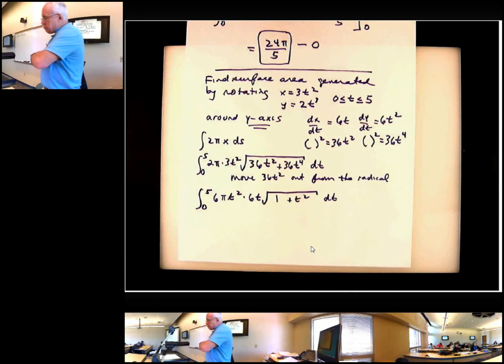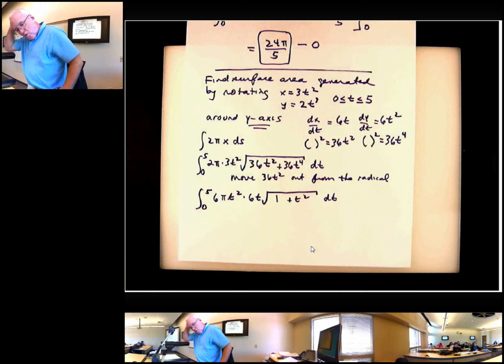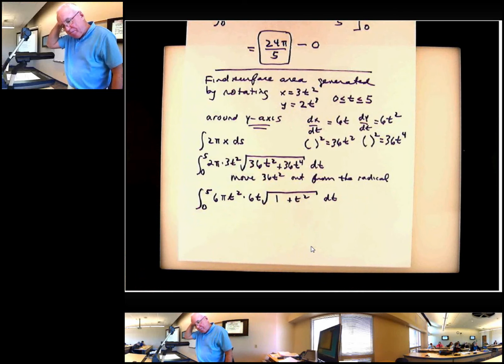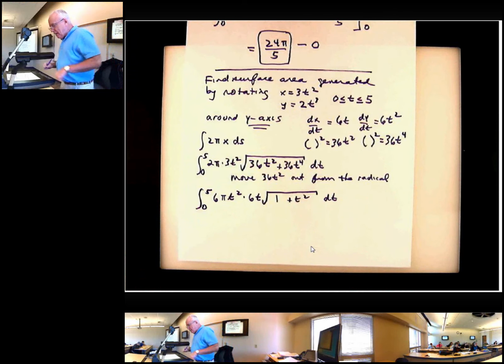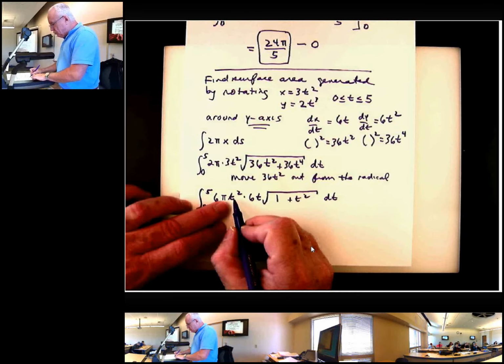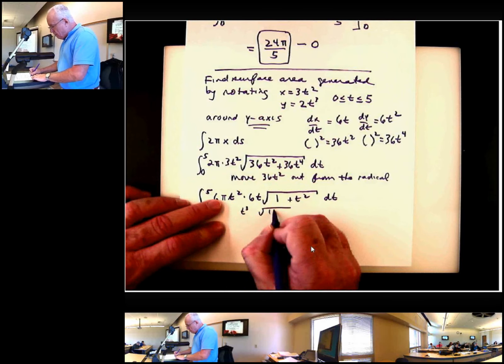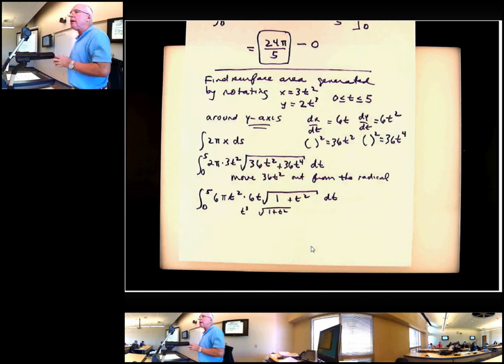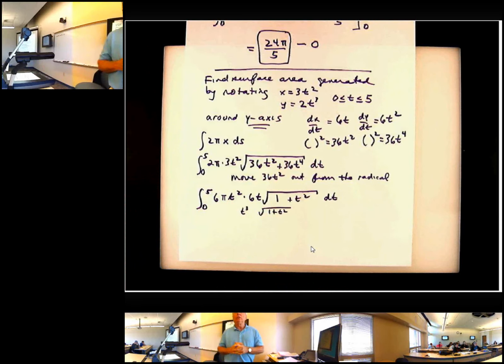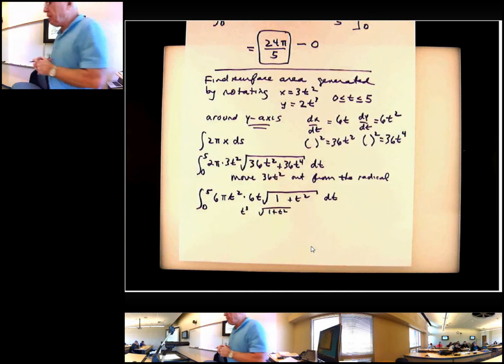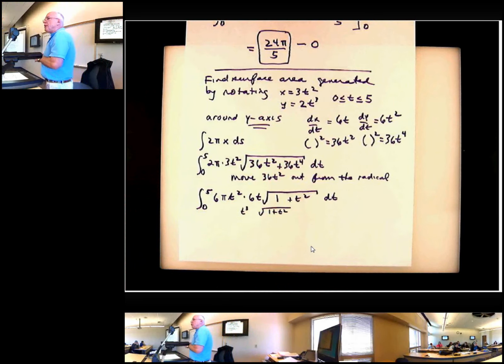Now, notice what we have here. We have t cubed, and we have 1 plus t squared under the radical. Ugh. All right. So there's some trickiness here.